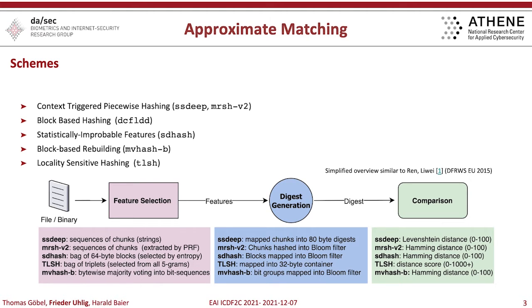First of all, there's a feature selection phase where we can select special features of the artifact that we want to match. Then there's a digest generation phase, where we generate the digest, the hash, and then we can compare this hash with other hashes and assess how similar two artifacts might be.